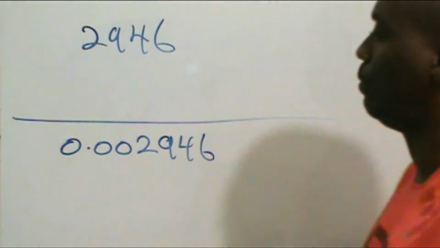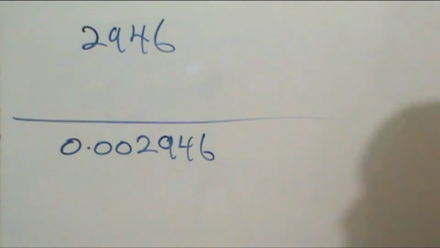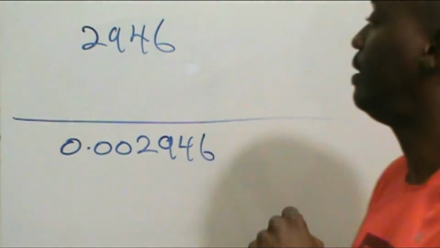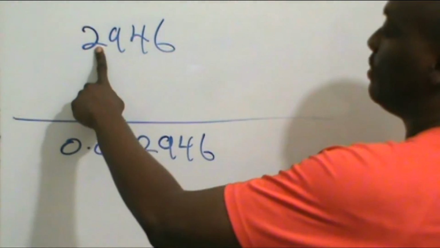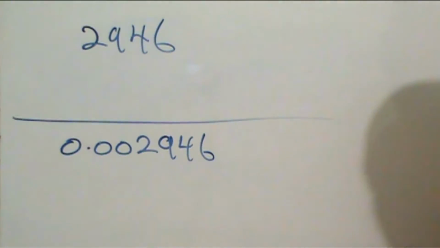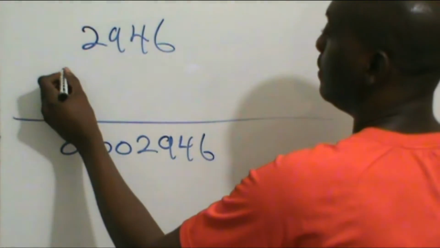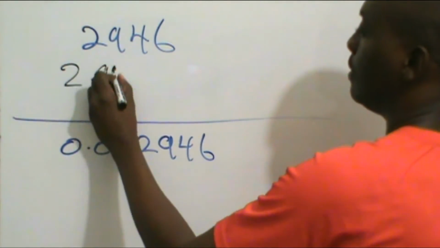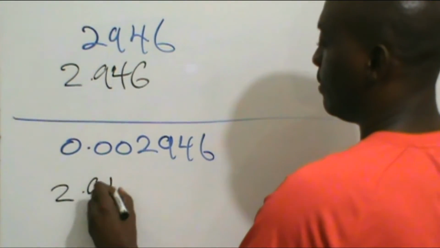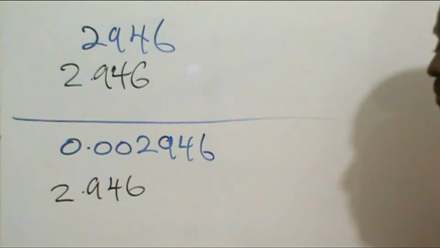Alright? So, in both of these numbers, the first significant figure is here, 2. Right? 2 is the first significant figure here. 2 is also the first significant figure here. So, placing the decimal point immediately after the first significant figure will land us at 2.946 here, and the same 2.946 here. Alright?